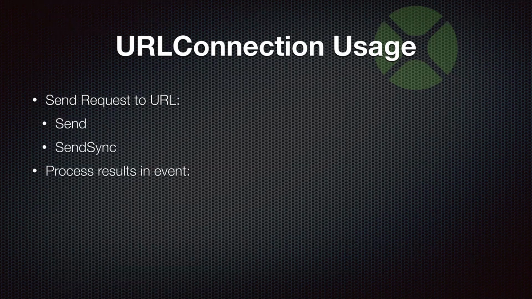And then if you are doing things asynchronously, you're going to get an event when the data is returned. And that will be either the ContentReceived event or the FileReceived event, depending on what you actually requested. And that's pretty much it. It's very similar to how you work with the HTTP sockets in the past.